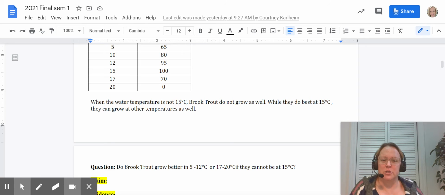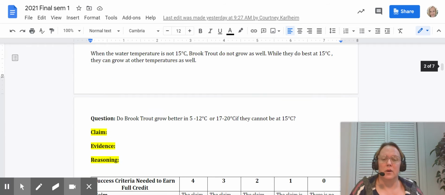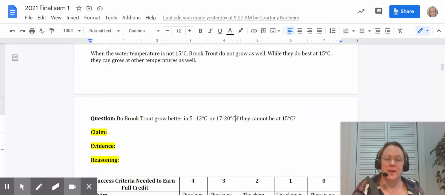When the water temperature is not 15 degrees Celsius, brook trout do not grow as well. While they do best at 15 degrees Celsius, they can grow at other temperatures as well. Question: do brook trout grow better in 5 to 12 degrees Celsius or 17 to 20 degrees Celsius if they cannot be at 15 degrees Celsius?